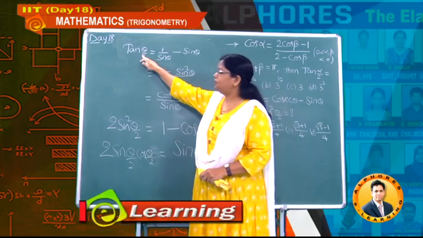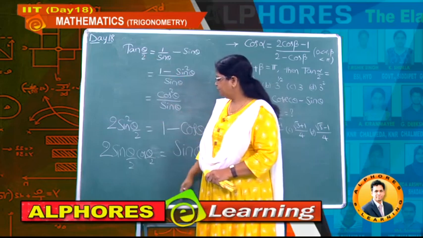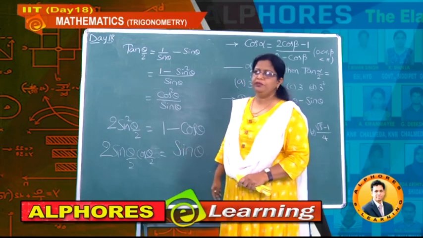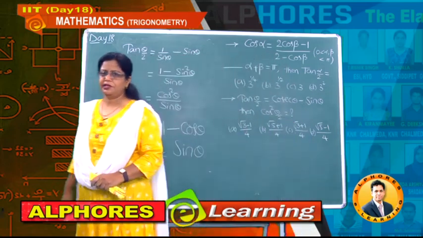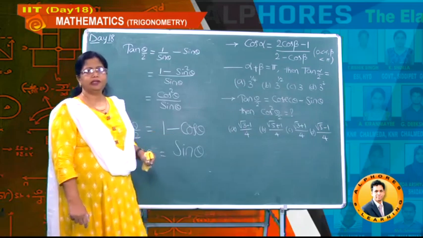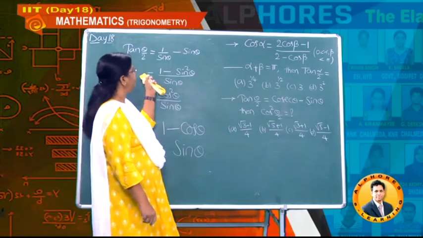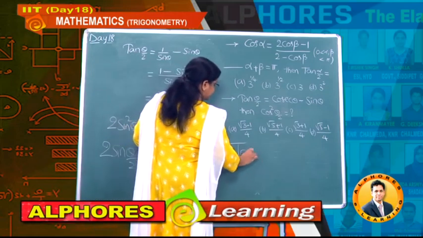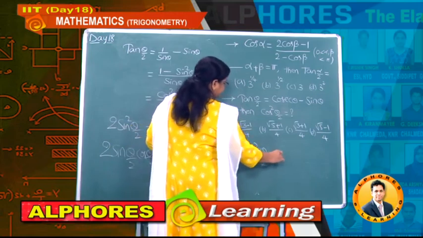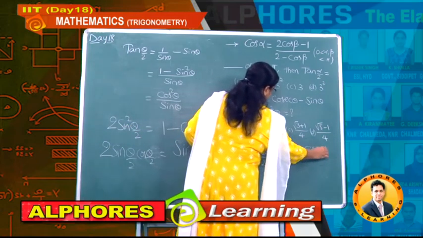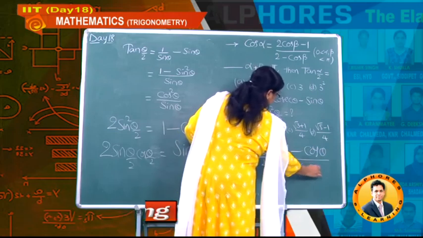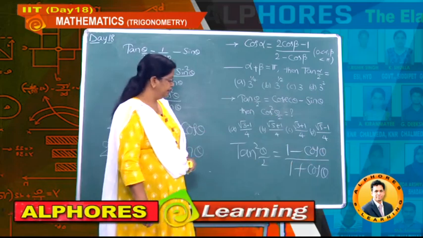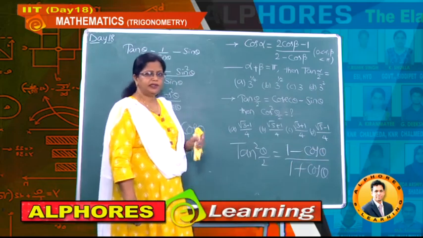So whenever tan theta by 2 is alone, you can simply make use of the formula 1 minus cos theta by sin theta. Then you may have a doubt: till now you have used the formula 1 minus cos theta by 1 plus cos theta, but that formula is for when a square is there. So tan square theta by 2 is what we have done: 1 minus cos theta divided by 1 plus cos theta, right? This formula we applied in previous problems also, but now it is not square, it is only tan.